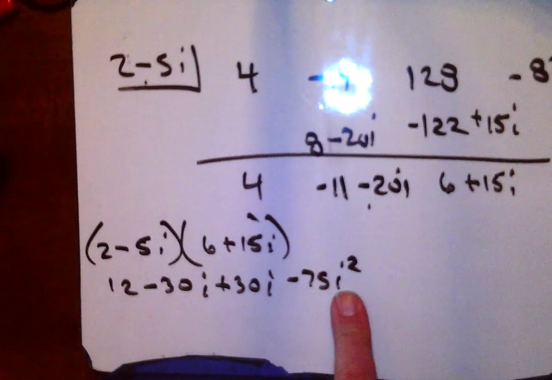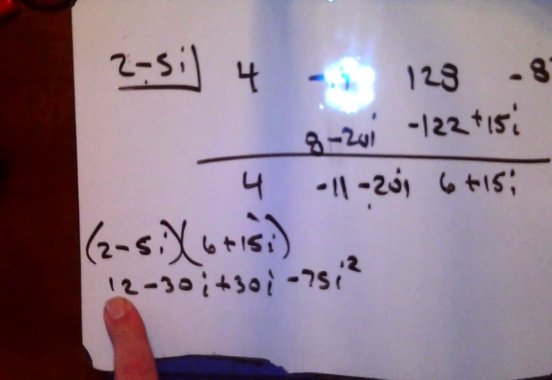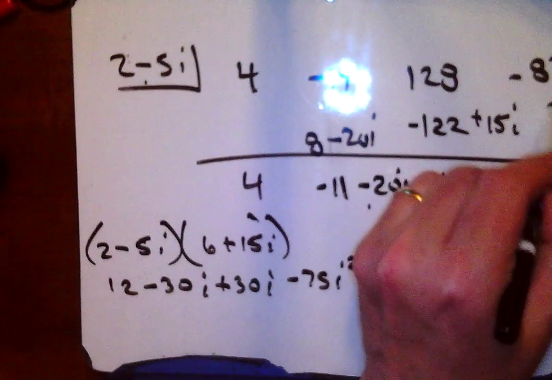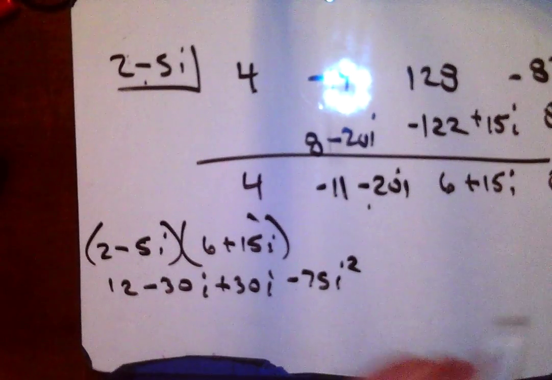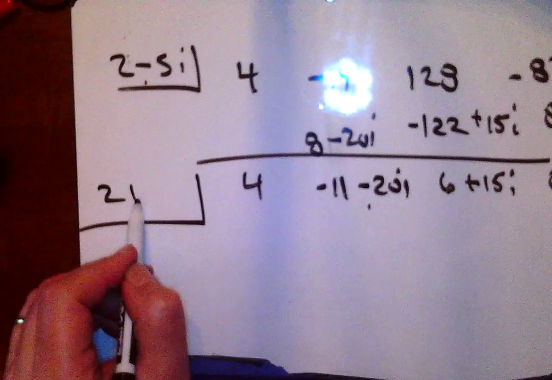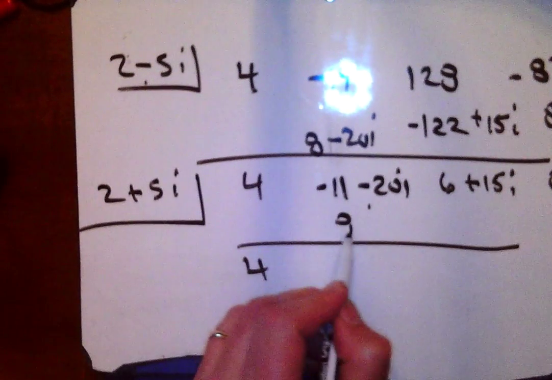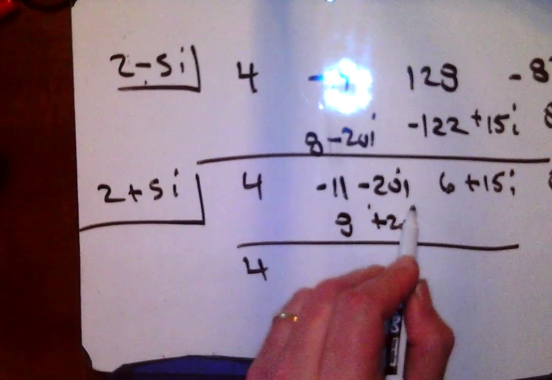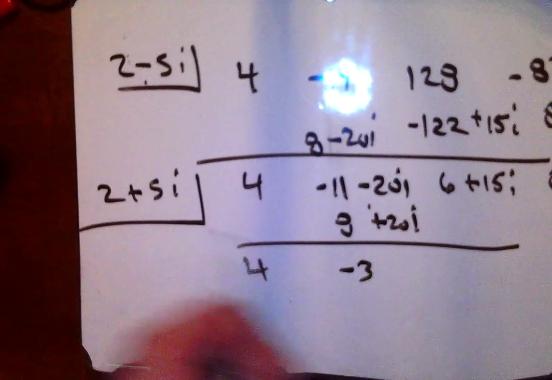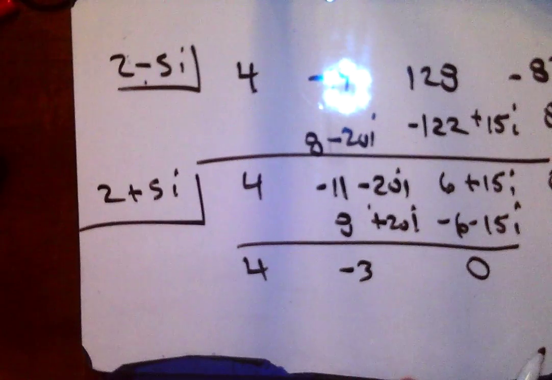Well, i squared is negative 1 times negative 75 is positive 75 plus 12 is 87. Middle terms cancel. And so, yep, I get a 0 remainder. That's great. Now I can use the conjugate. 2 plus 5i. 4, 8 plus 20i minus 3, negative 6 minus 15i, and 0.